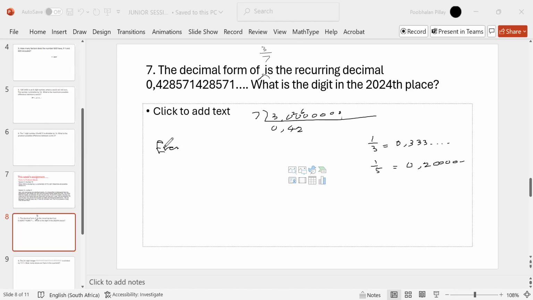Every fraction written as a decimal, in decimal form, is a recurring decimal.